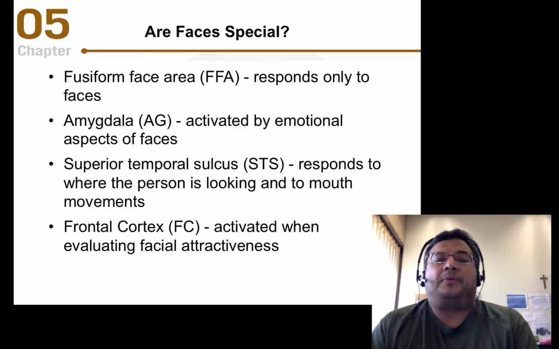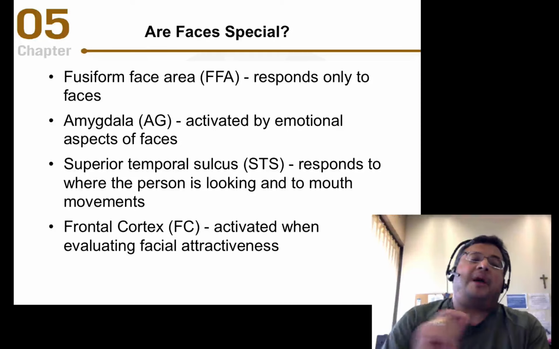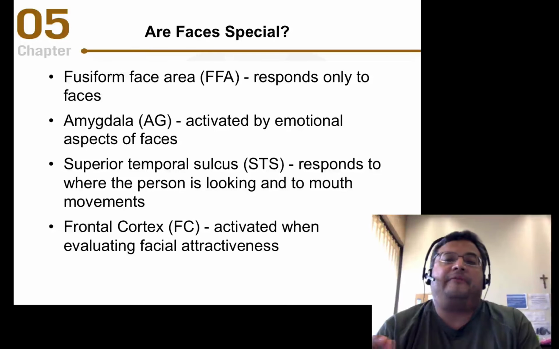The superior temporal sulcus, which is a part of the cortex right here on the side of your head, responds to where the person is looking and to mouth movement. So it seems to be really important in following mouth movements, which are important for perceiving speech.